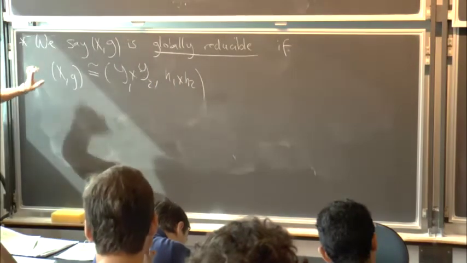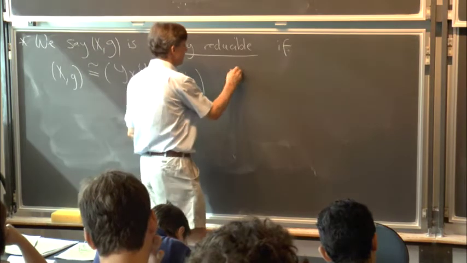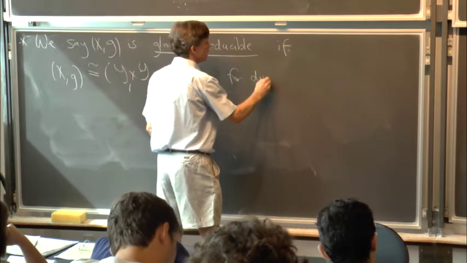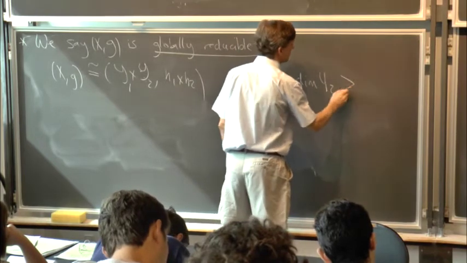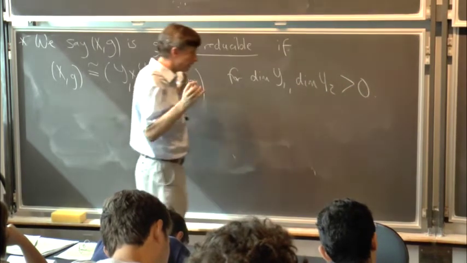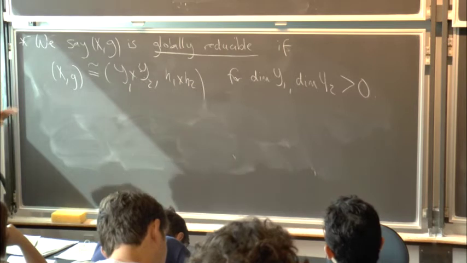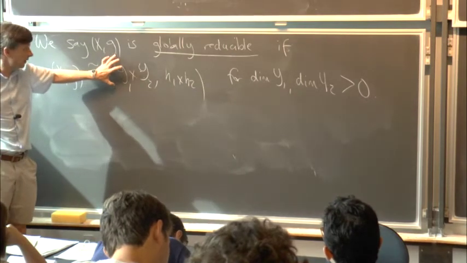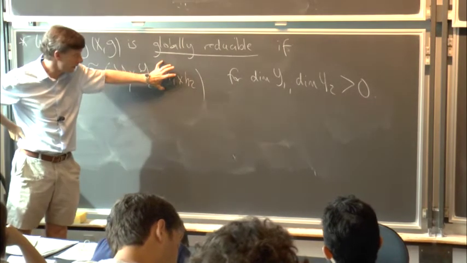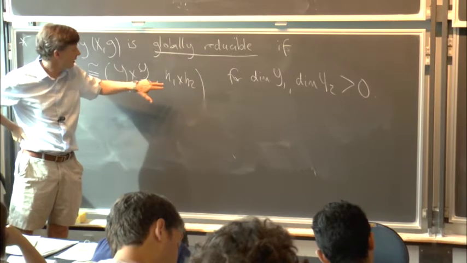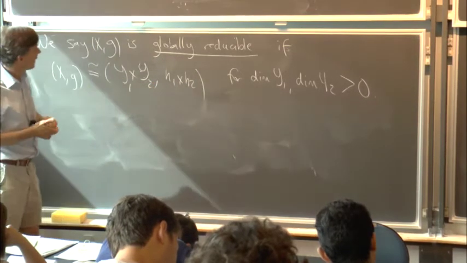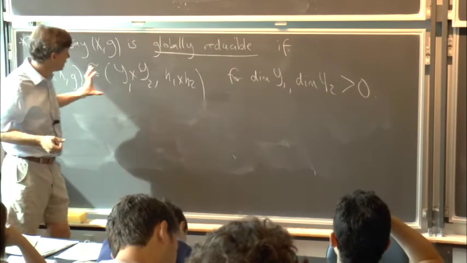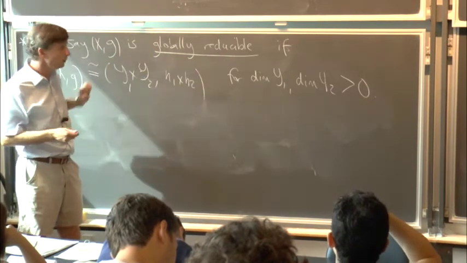So a product of Riemannian manifolds of positive dimension, so the dimensions of Y1 and Y2 are greater than 0. And as I told you at the beginning of the lecture, in this case, the holonomy group of h1 cross h2 is a product of the holonomy groups of h1 and h2. And therefore, the representation of the holonomy group is reducible.